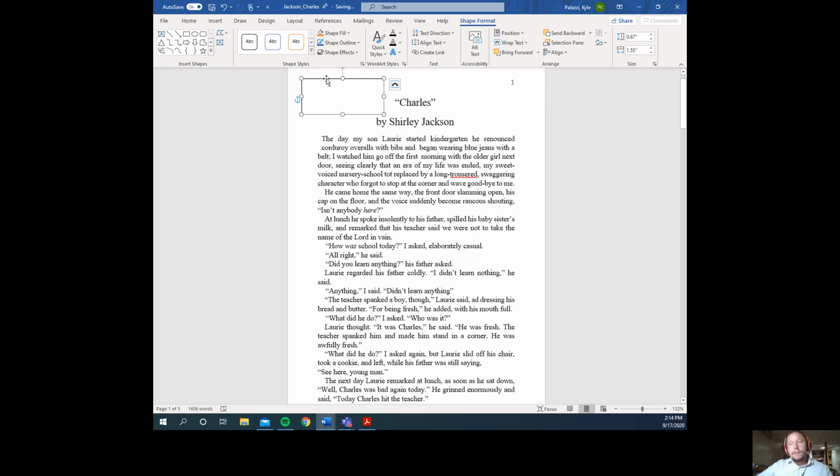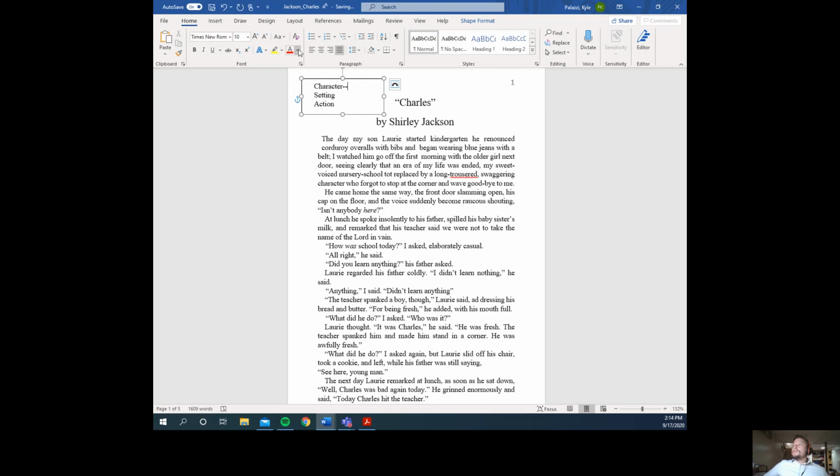The 3 things that I want you to focus on when you're reading and annotate for are character, setting, and action. When you are annotating, I want you to annotate for character using the color yellow. I'll show you exactly what that means.